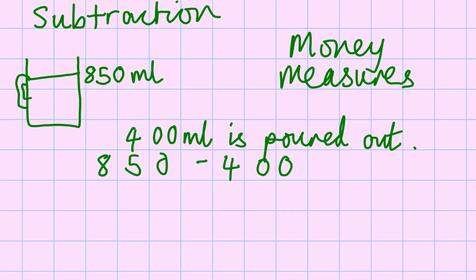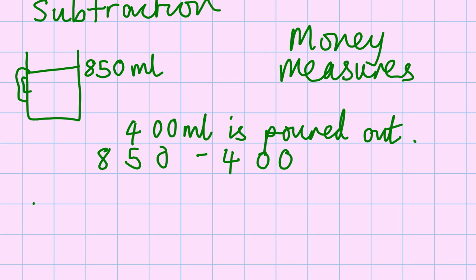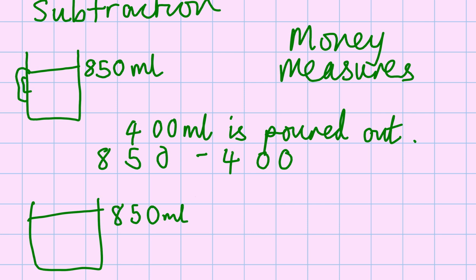If it was a two-step operation, you could have something like 850 milliliters in this jug of water, maybe 70 milliliters of concentrate, of orange concentrate is added.